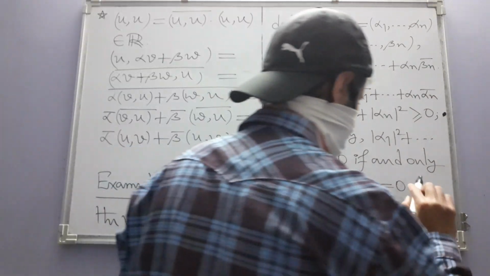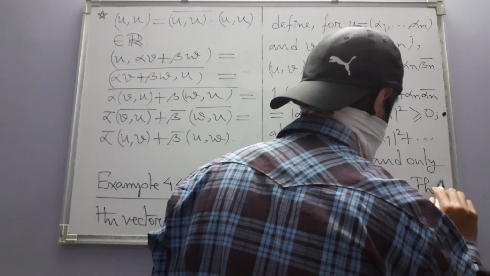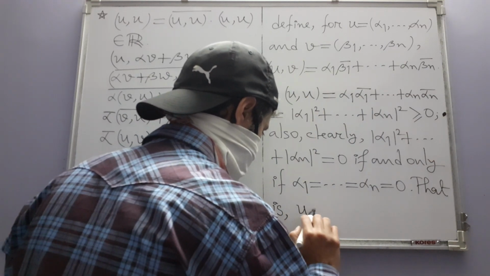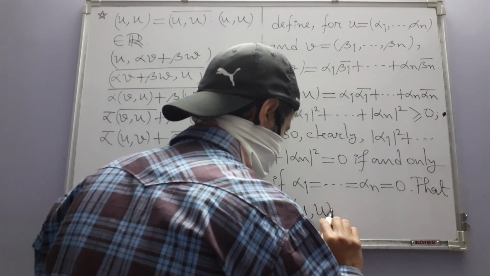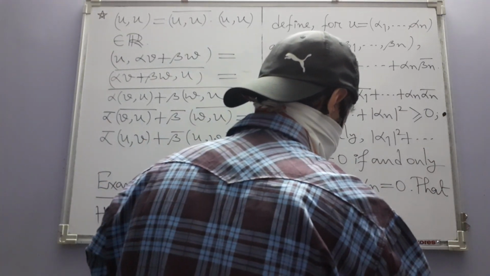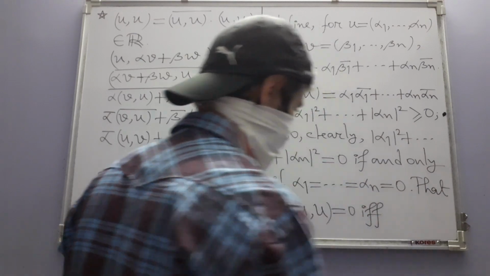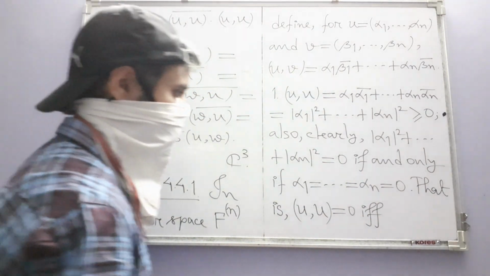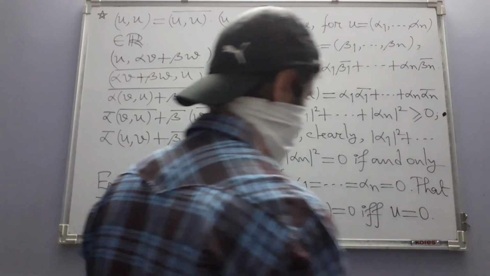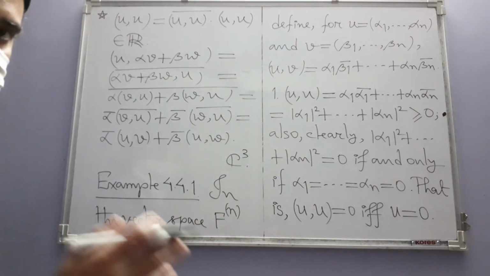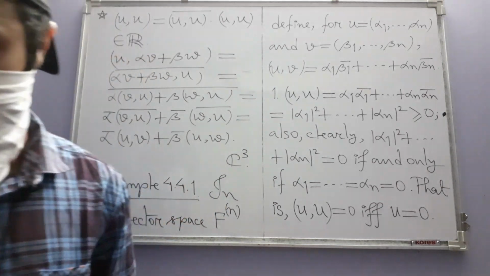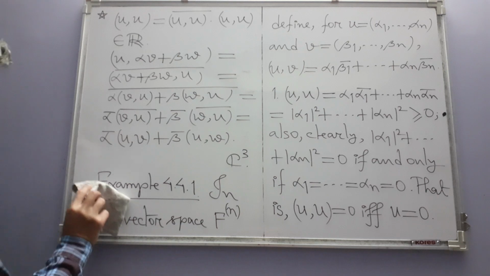That is, our inner product is the complex number 0 if and only if u is equal to 0, the 0 n-tuple, all of whose components are the complex number 0. So that means property 1 is true.